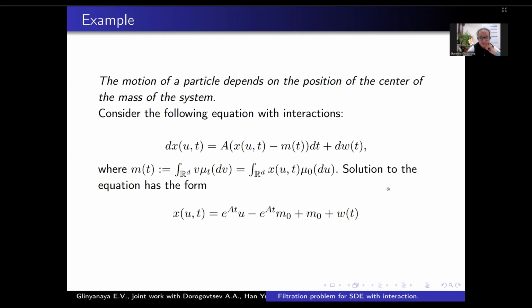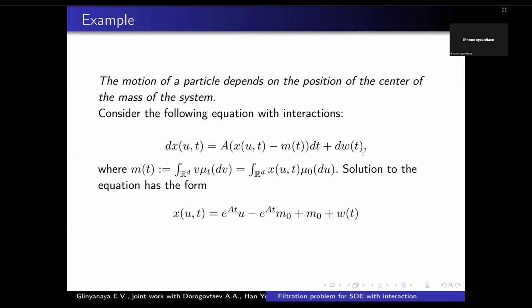Before I present what we can do in the general case, I want to show an example, just to understand what kind of problems arise and how we can reduce them to known results in filtering theory.